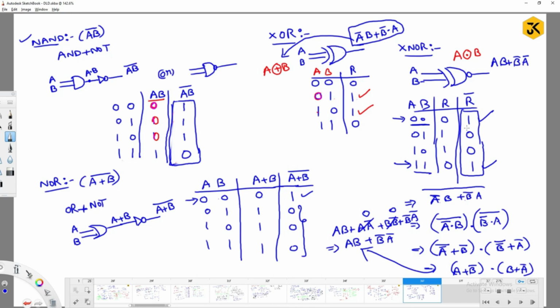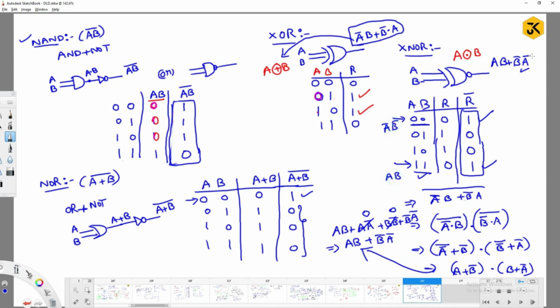Okay, fine. See how you understood, right? Here I have taken this 0 as A bar, but here I have taken this 0 as A. You may get confusion, right? Or else try to check, this is A bar B bar, and this is AB.